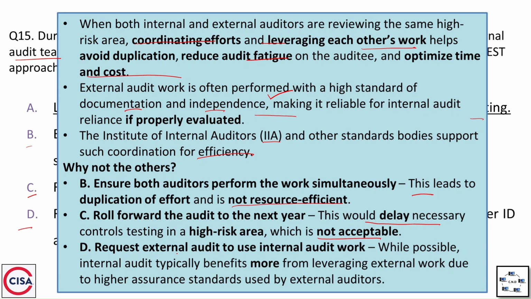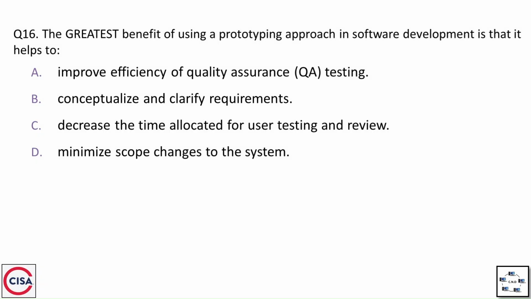And option D, request external audit to use internal audit work. While possible, internal audit typically benefits more from leveraging external work due to higher assurance standards used by external auditors.